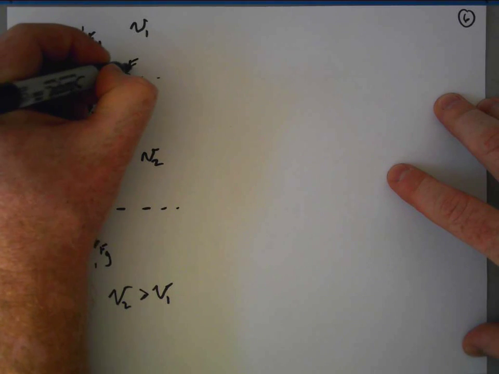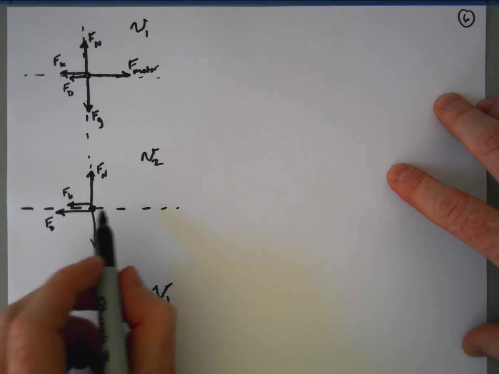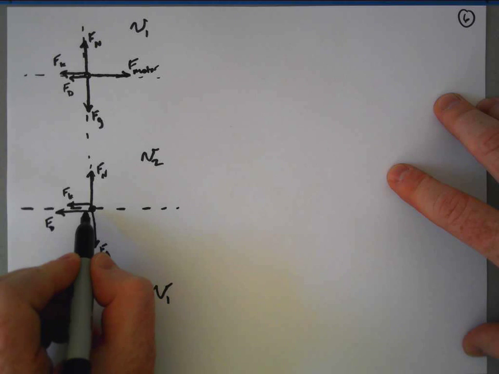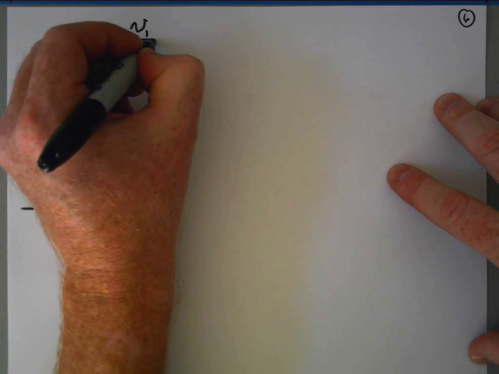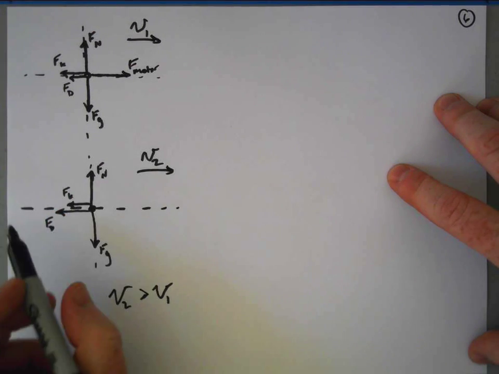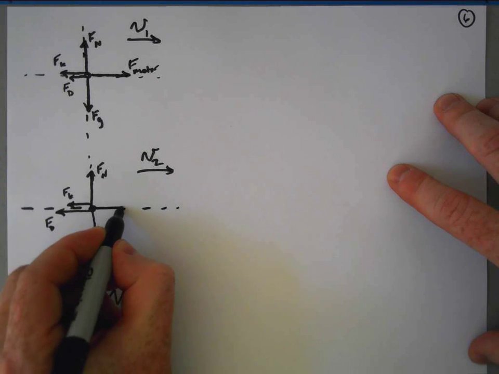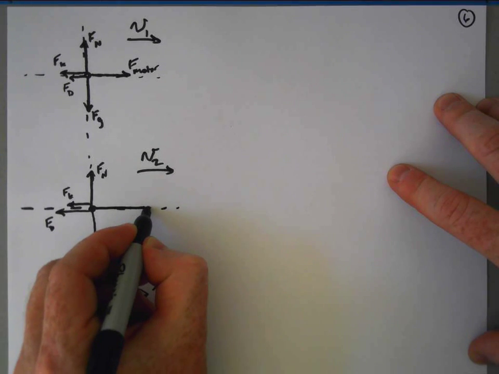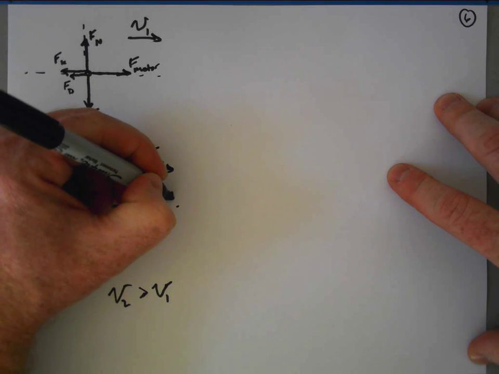So here's our force of the motor. But in this situation, those forces are doing negative work on the car if we're traveling to the right in both cases. Well, we need to have the motor cancel both of those. We need a larger force out of our motor.